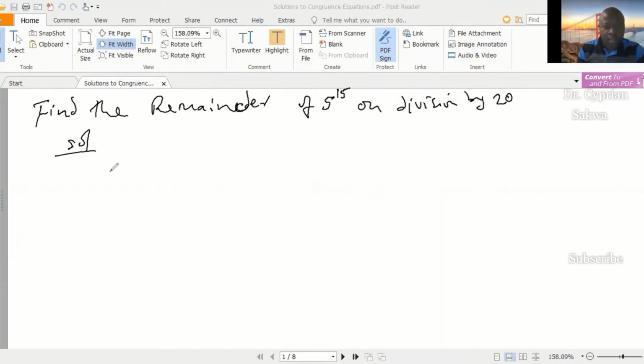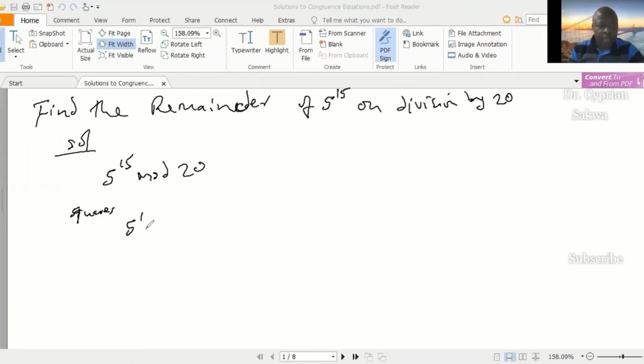So what that is saying is that find 5 raised to 15 mod 20. And 20 is not prime, so Fermat's little theorem cannot be used. And again, the GCD of 5 and 20 is not 1. That means Euler's theorem cannot be used. So we use the method I've used above. We create the squares.